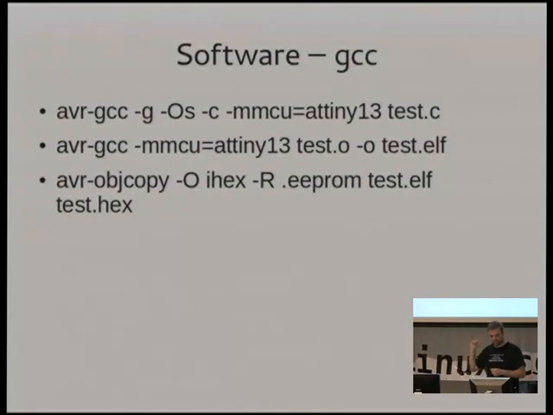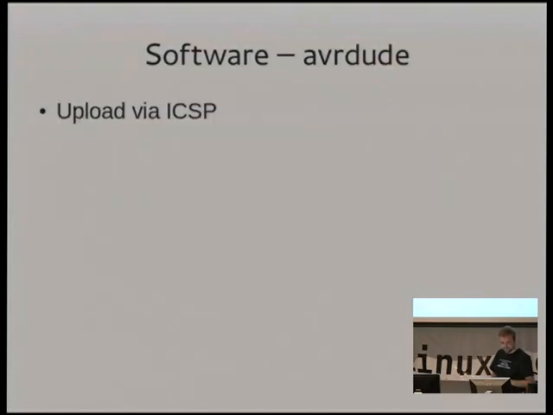So this is an example of compiling a program for the ATtiny13, which is even smaller again than the ATtiny85 in terms of flash resources. AVR GCC is available in packages for Ubuntu and Debian, and is actually really easy to get started with. You'll also want the AVR libc packages so that you can actually compile usefully and do things without having to do everything in assembly.